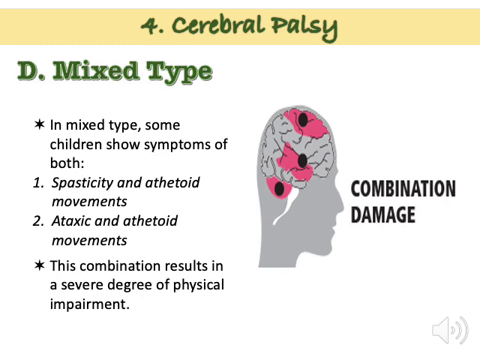Mixed type. In mixed type, some children show symptoms of combination damage. It's either spasticity and athetoid movements or ataxic and athetoid movements. This combination results in a severe degree of physical impairment.